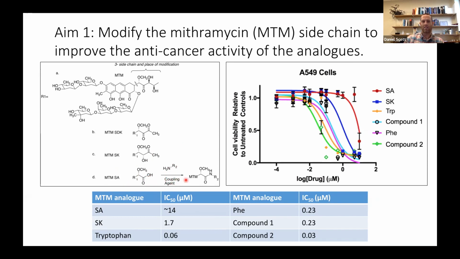In that process, we are not only getting rid of the carboxylic acid, which again, speculating, is what's causing some of that decrease in anti-cancer activity. We are also adding on some new functionality to that side chain and looking to see how that's interacting with the different cells and the DNA in there.